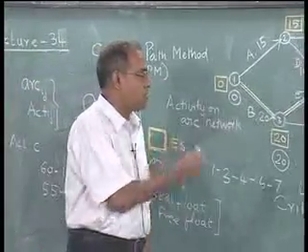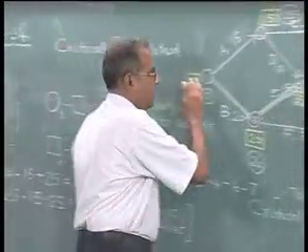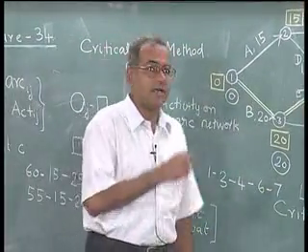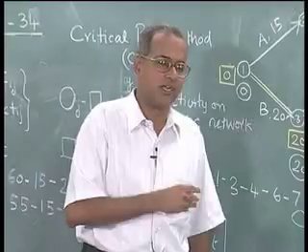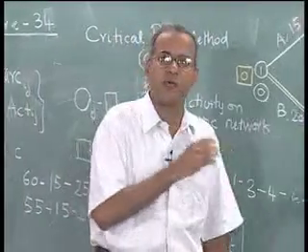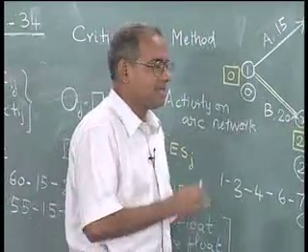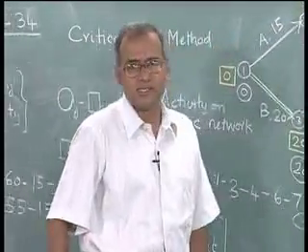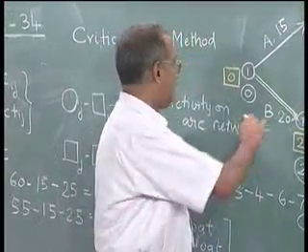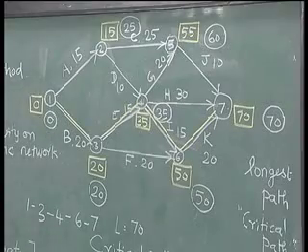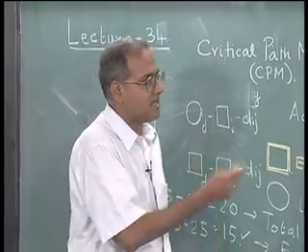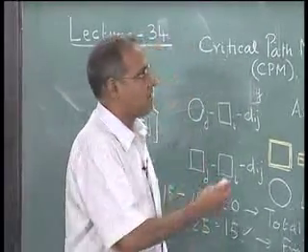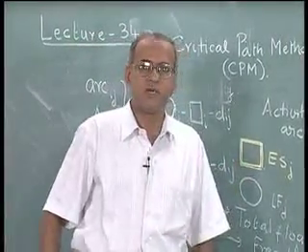Now, we need to show and understand why this kind of a labeling is optimal for this problem, for which we write a linear programming formulation and try to understand the primal dual relationships and show that indeed this forward pass would give us the longest path on this network. So, to that extent, the CPM that we are looking at in this lecture series can be seen as an application of linear programming technique to solve real life project management problems.